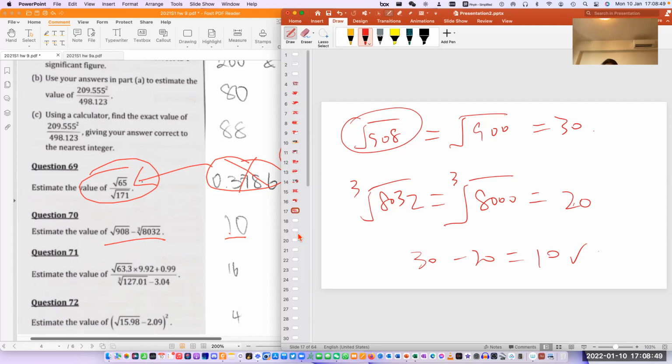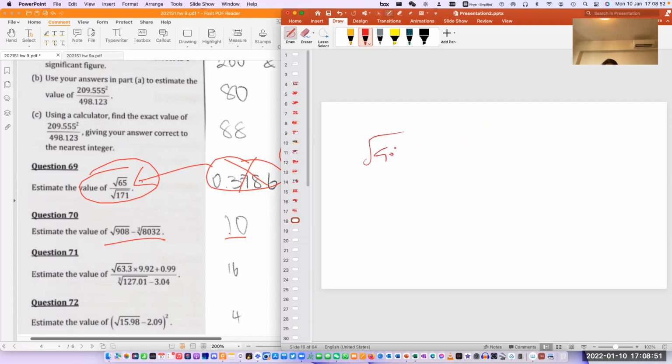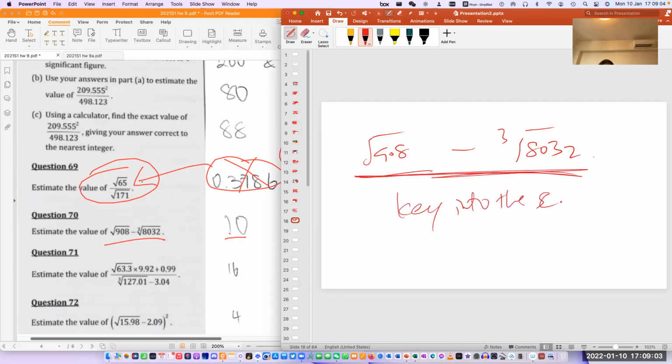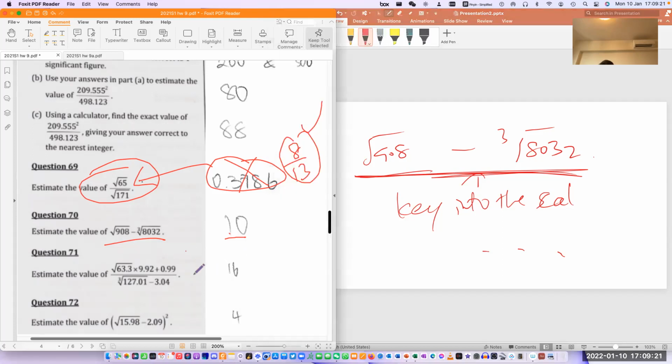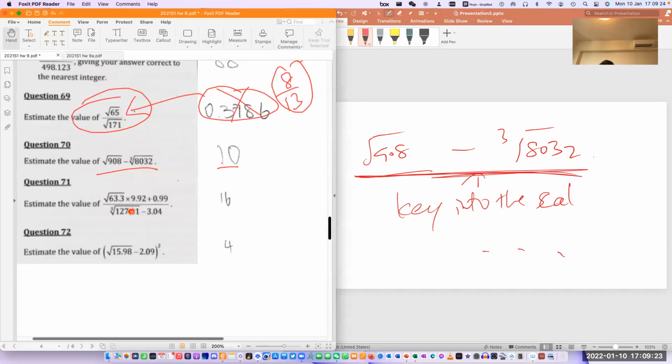Another way to estimate this is just use your calculator. Basically just key this into your calculator, and then your calculator will show you an answer in decimal number. Then you just round that number to a whole number. Okay, done.